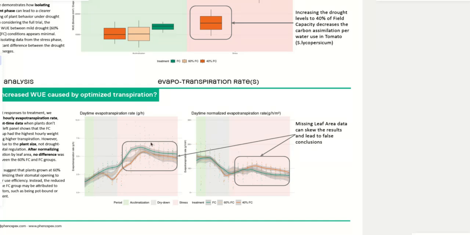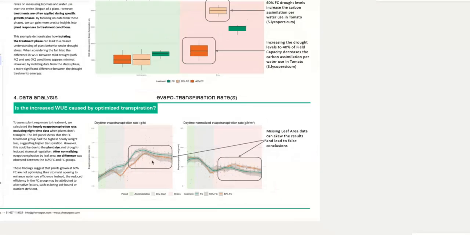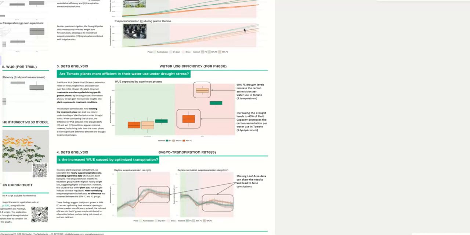However, the non-normalized evapotranspiration rates and the cumulative transpiration underline that the plants at full field capacity did transpire more water. However, from the water use efficiency differences, we can conclude the additional transpiration did not result in biomass accumulation at the same relative rates as the 60% group.